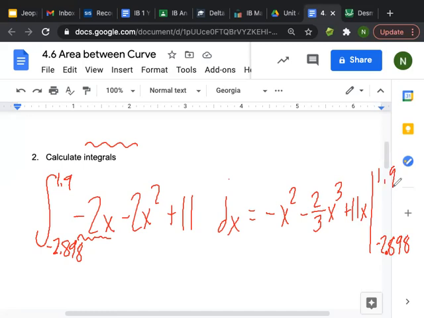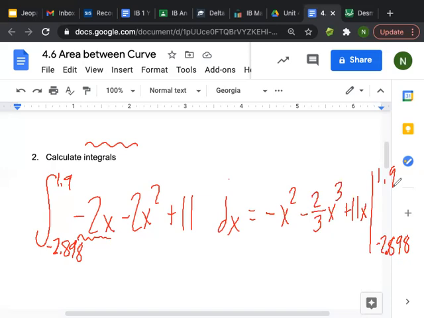And then you plug in upper minus lower. Wait, that's it? That's it.